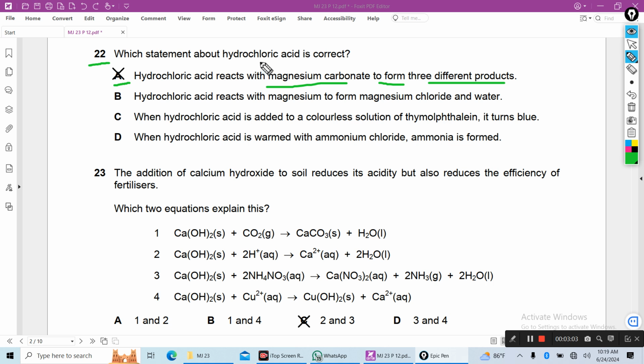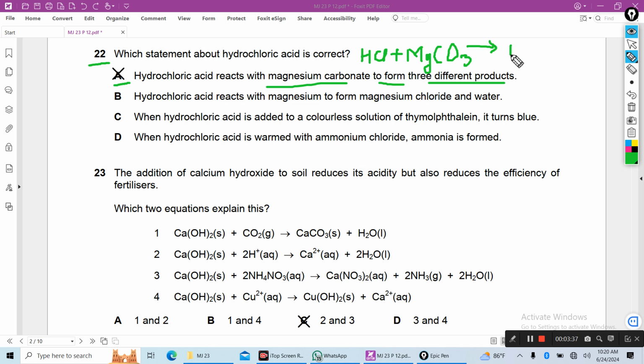This is true because hydrochloric acid reacts with magnesium carbonate, MgCO3. So acid reacts with carbonate salt to produce salt plus carbon dioxide plus water, 3 different products.